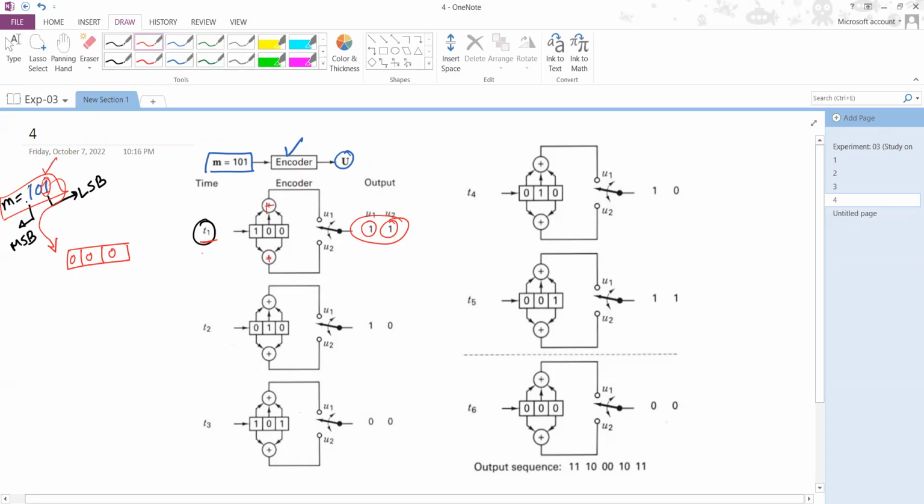Then from time t1 to t2, we'll insert the value of 0 now. Our message bit is 101. We have inserted 1, then we will go for the 0 value. This transition from t1 to t2 will occur based on the pulses in the circuit.